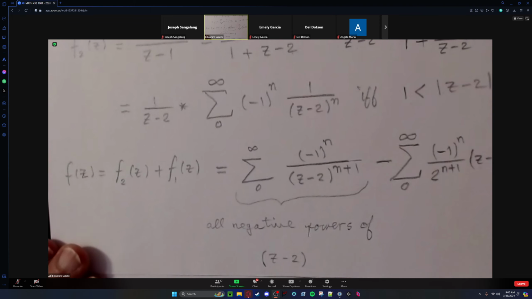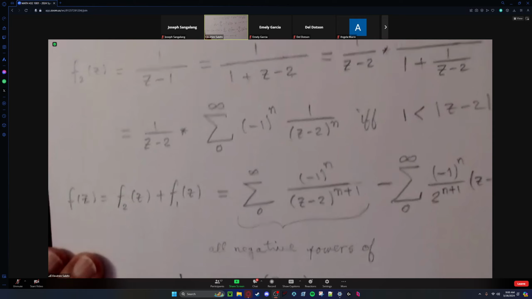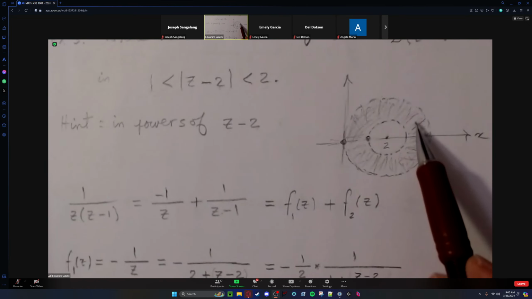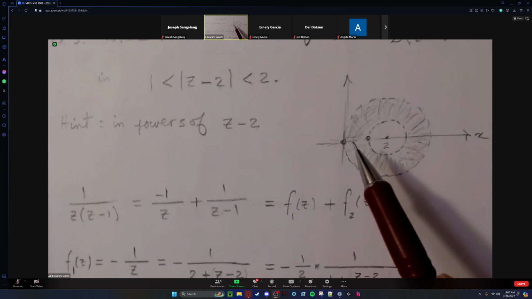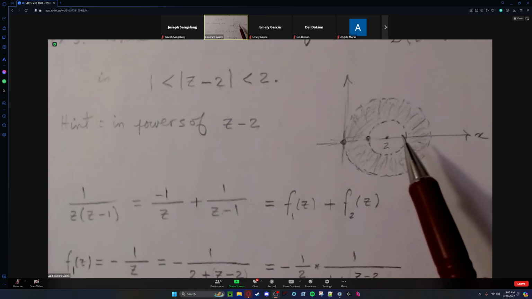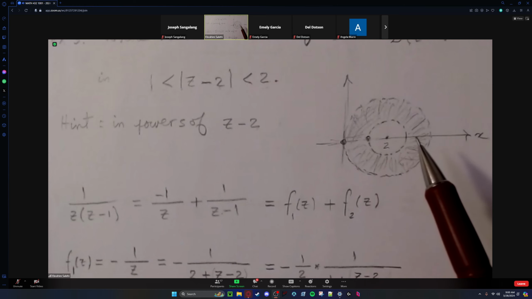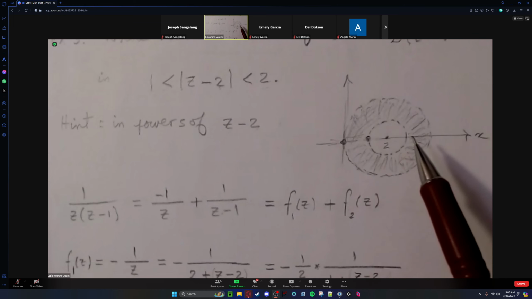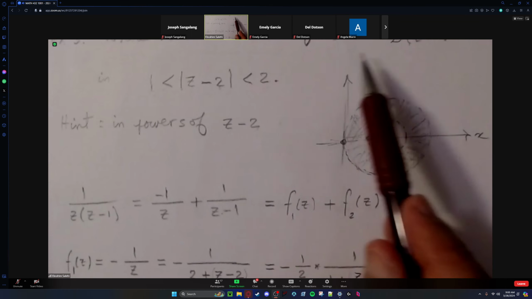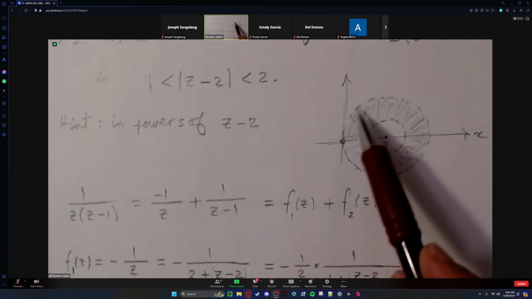So the area that they give you is the key. What I did was write the Laurent series of this function for this washer.